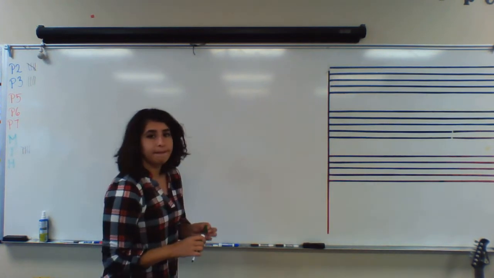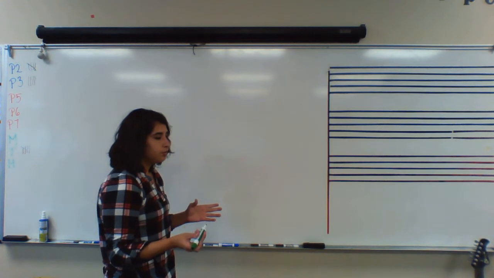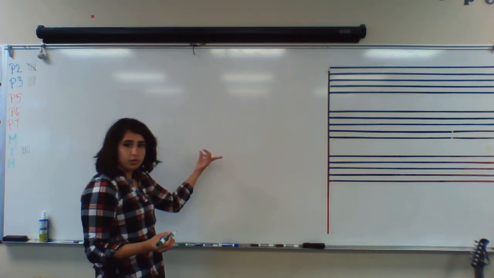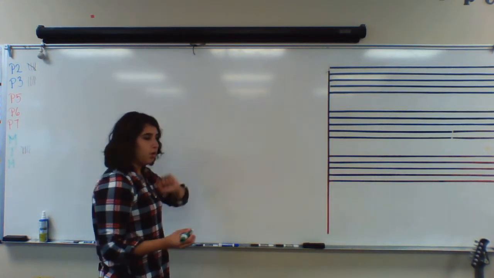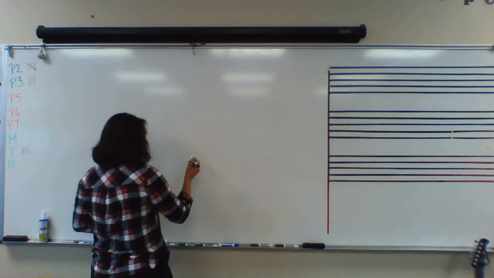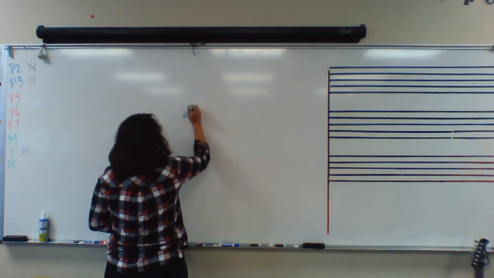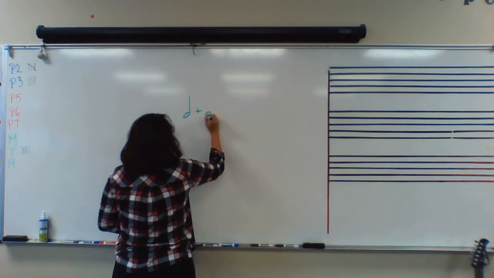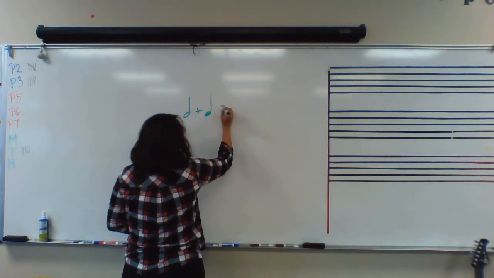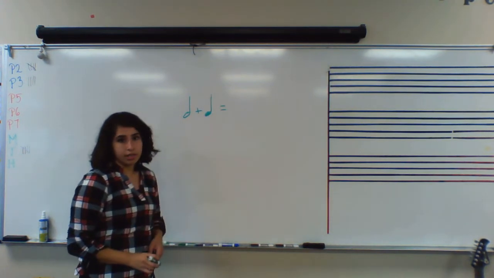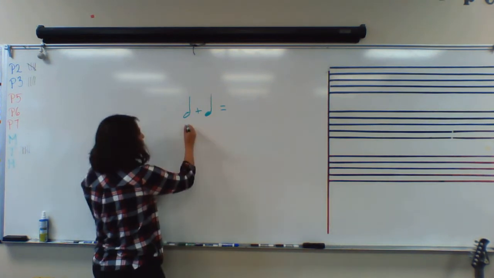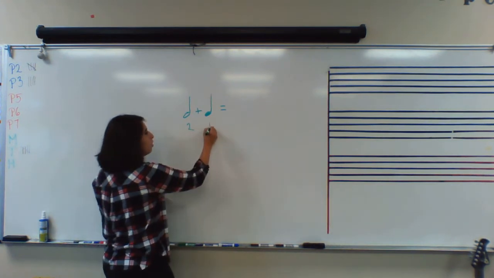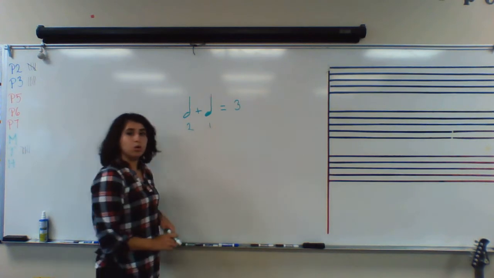Okay, let's pick a marker. This one. All right. I'm going to draw a series of notes, and you need to guess what the number is at the end. So if I wrote a half note plus a quarter note equals what? We know a half note is 2 beats, and a quarter note is 1 beat, therefore it equals 3.